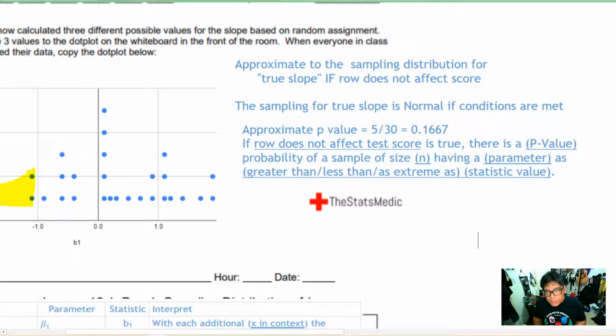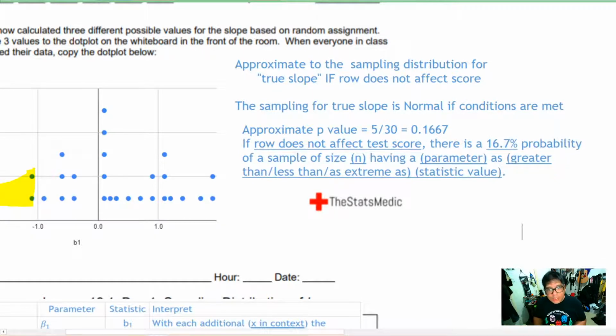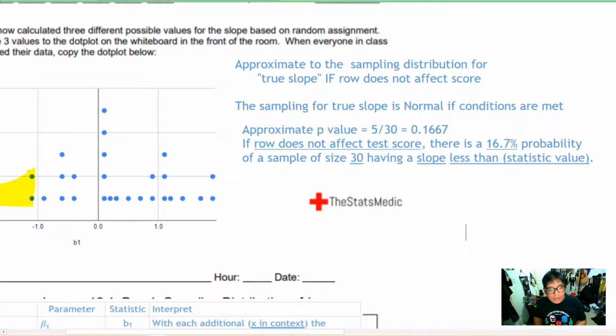So if rho does not affect test score is true, there is a 16.7% probability that a sample size 30 has a slope less than negative 1.15.